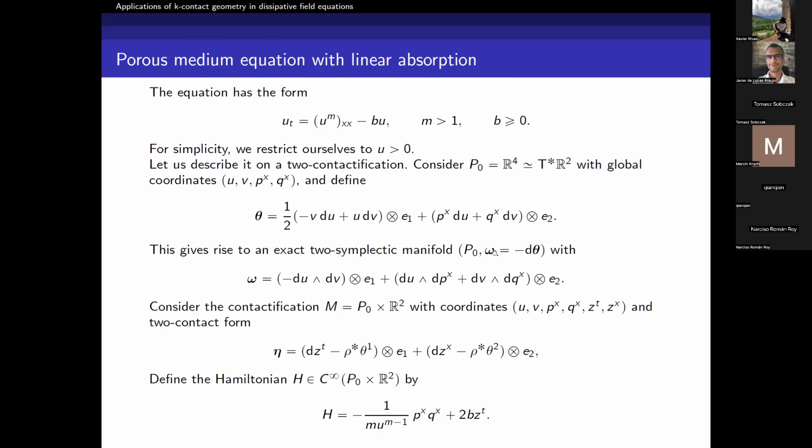For this, we can of course calculate the k-symplectic two form, and we are able to do a contactification, which leads us to a k-contact one form.